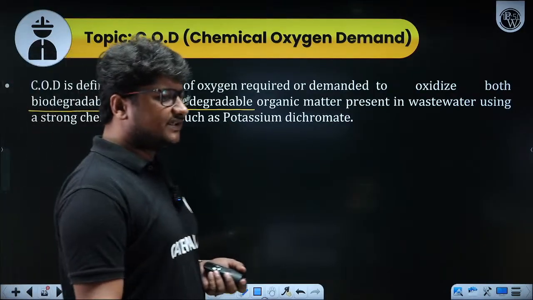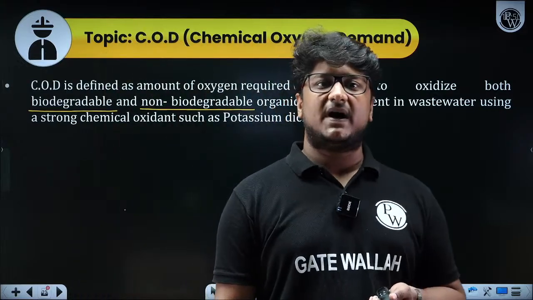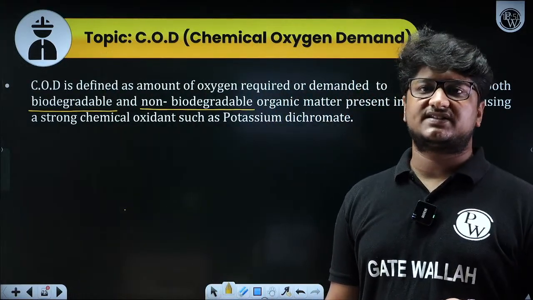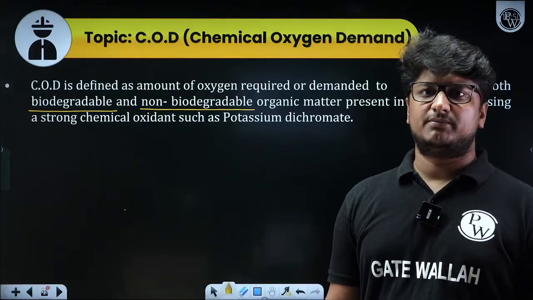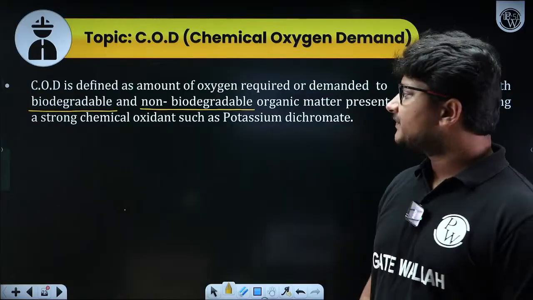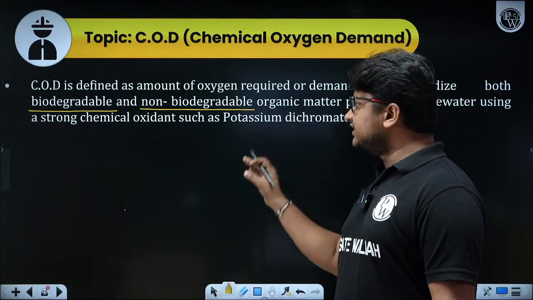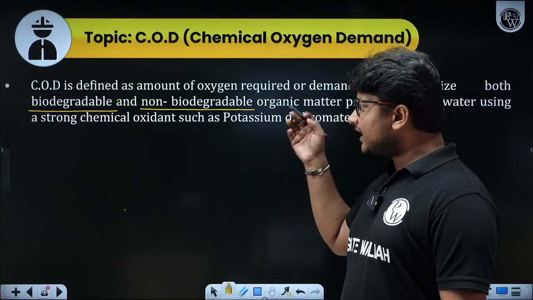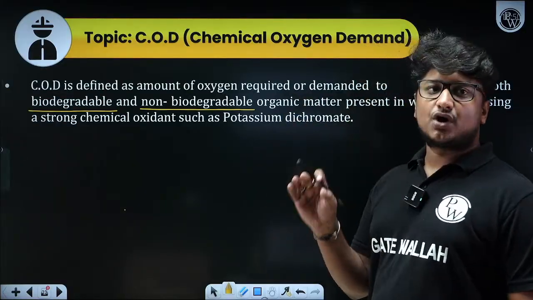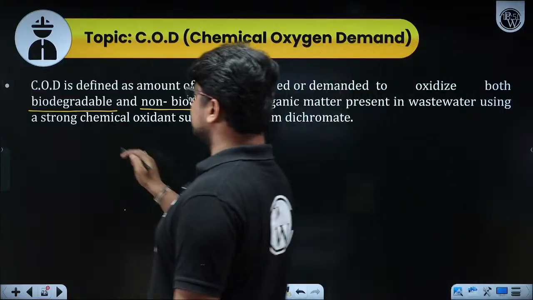Now it's very simple to understand that biodegradable organic matter will oxidize, and it needs some oxygen. That is what you have given as BOD, biochemical oxygen demand. But for non-biodegradable organic matter, to oxidize and degrade it, you need a strong chemical oxidant. Here also we are doing the same.